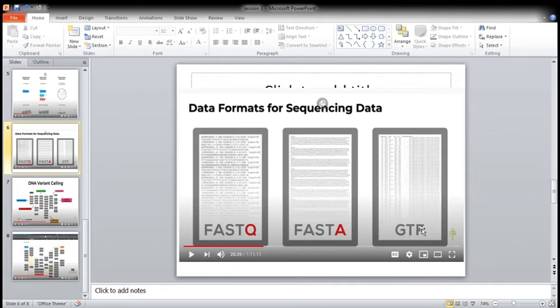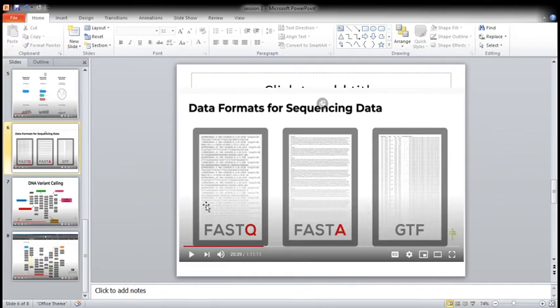In GTF, it has information about the location of various genes. It is also used to hold information about the gene structure and gene features. This one works differently from these two.